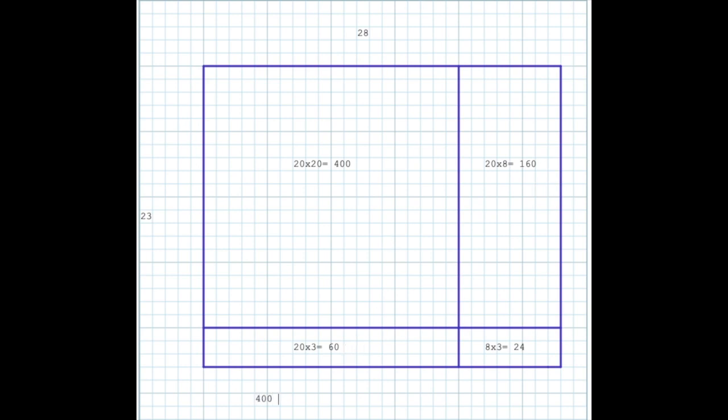All right, now, finding the total area for that rectangle, just add up all of these products. 400 plus, hey, I got the plus sign right that time, plus 160. I always like to list them from largest to smallest when I can. So I'll do the 60 next, plus 60, and finally, plus 24.